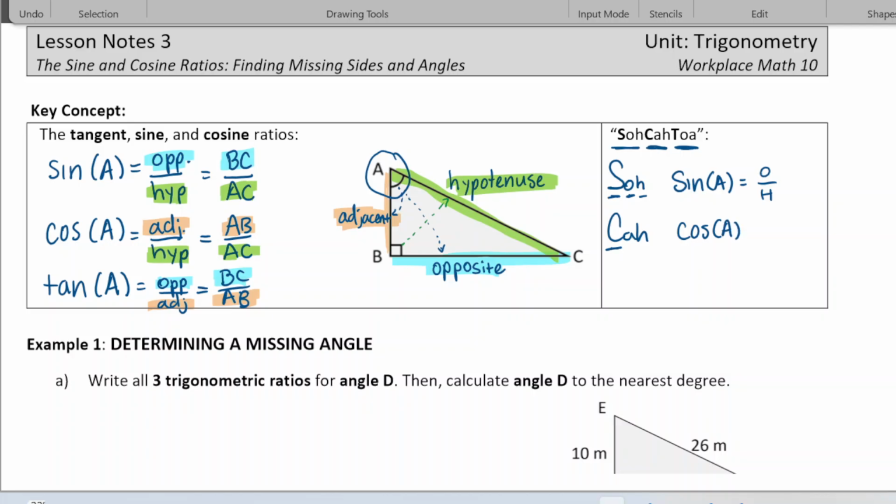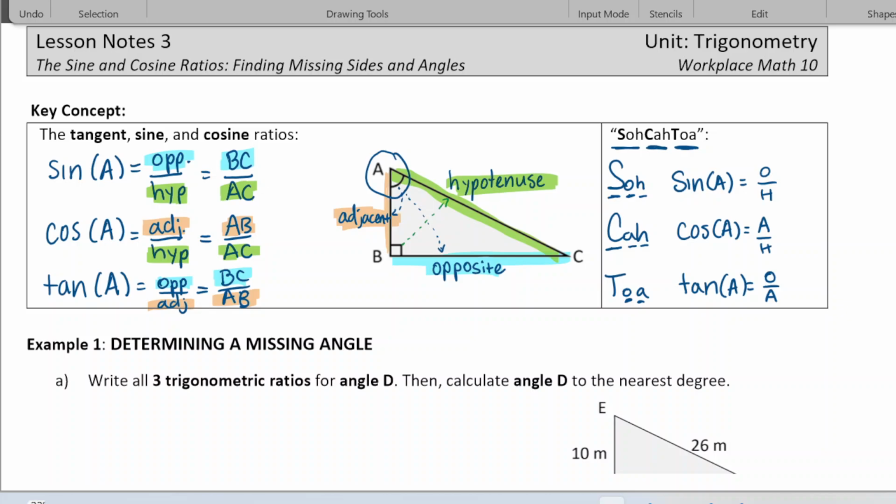C stands for cosine. And then the next two letters are the formula in order. A over H, adjacent over hypotenuse. And finally, we have Toa. So that's tan, T for tan. And the next two letters are the formula, opposite over adjacent. So if you can remember the word SohCahToa, then you know all three formulas.